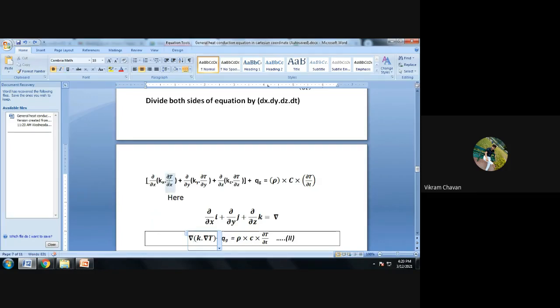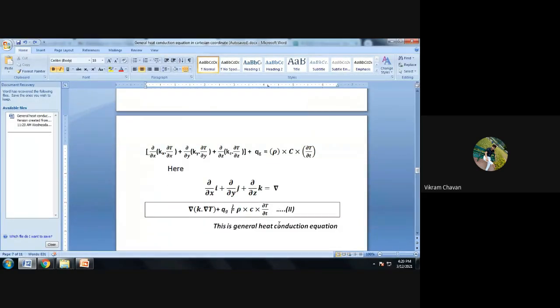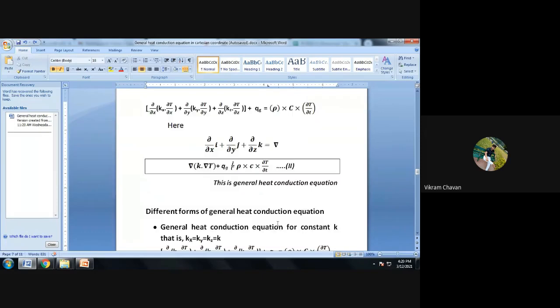Now here in the bracket, temperature is also varying with respect to the coordinate system, so for that also we have introduced one more del operator and the remaining equation as it is. So del of k multiplied by del of T, bracket complete, plus qg is equal to rho multiplied by c multiplied by ∂T divided by ∂t. That will be our equation number 2. This is called the general heat conduction equation.